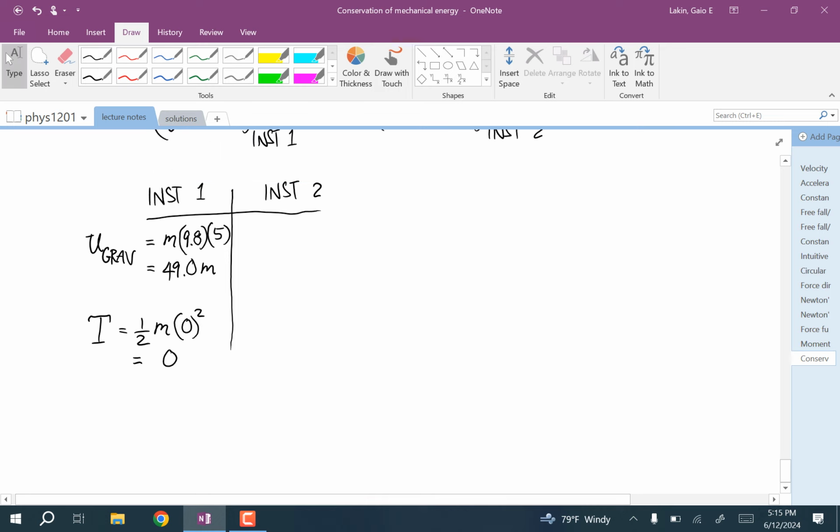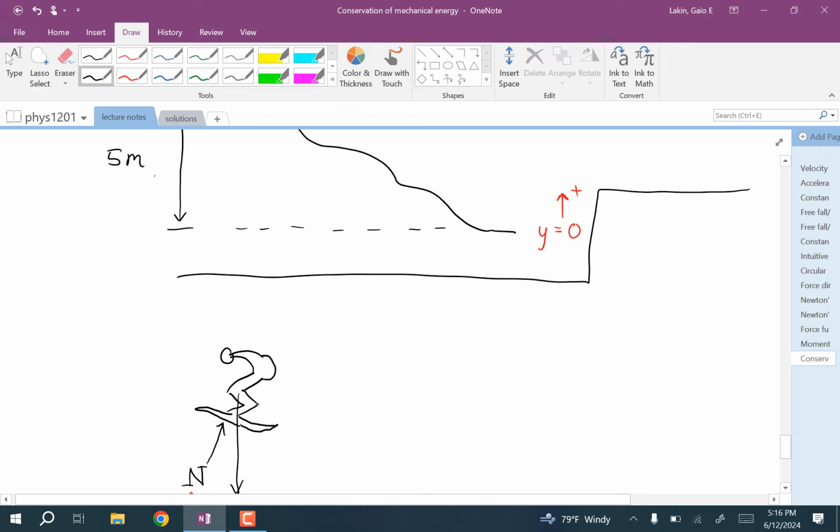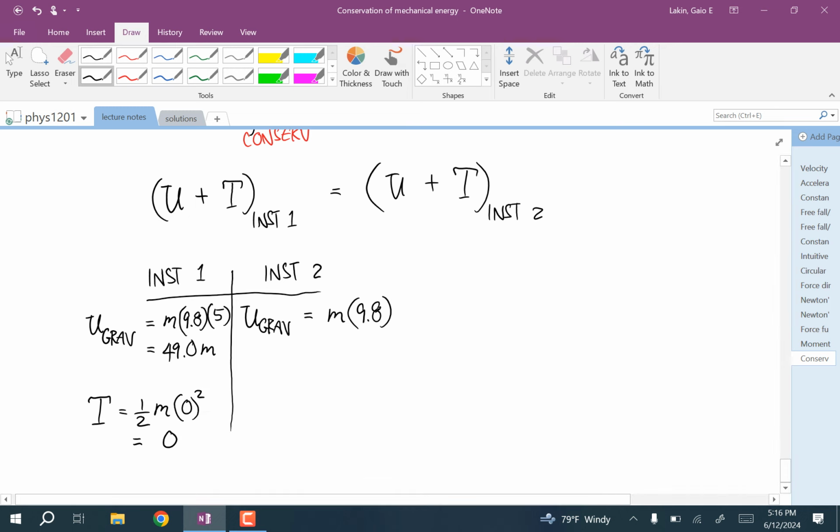And now we'll go to the bottom of the hill and calculate these. The potential energy is equal to m times 9.8 times the height. I chose my y equals 0 to be where the skier is at instant 2, so that makes this y value 0, and so the gravitational potential energy is 0.